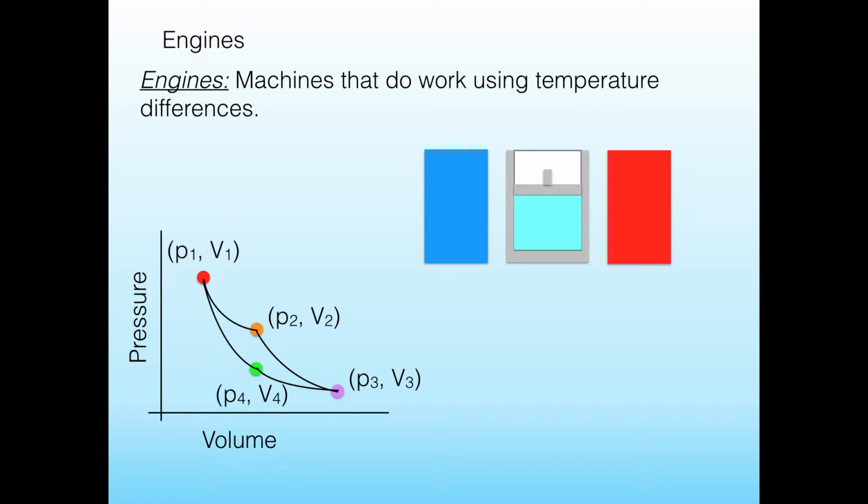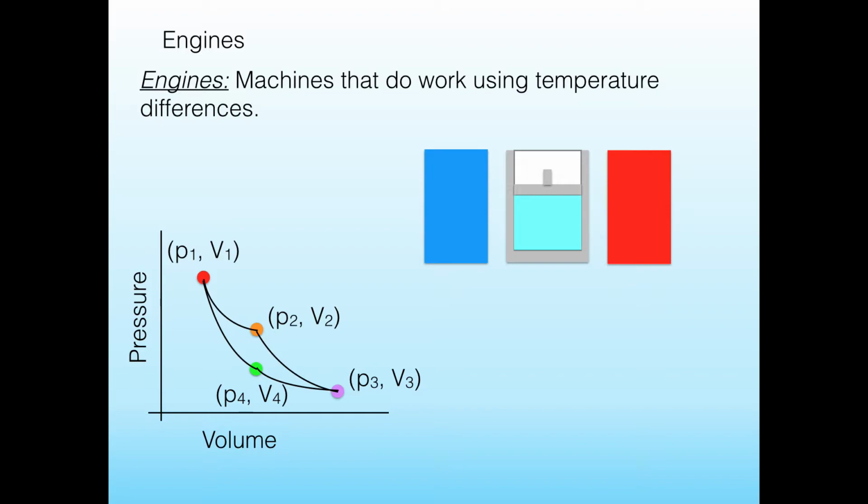If you've ever noticed, the back of your refrigerator will actually have warm air blowing out of it. That's because the inside of your house is actually the warm thermal reservoir, which you're dumping more heat into. And it really does use a pump. In fact, when your refrigerator turns on and makes that funny noise in the middle of the night, that's because the pump is turning on in order to continue to cool the refrigerator on the inside.